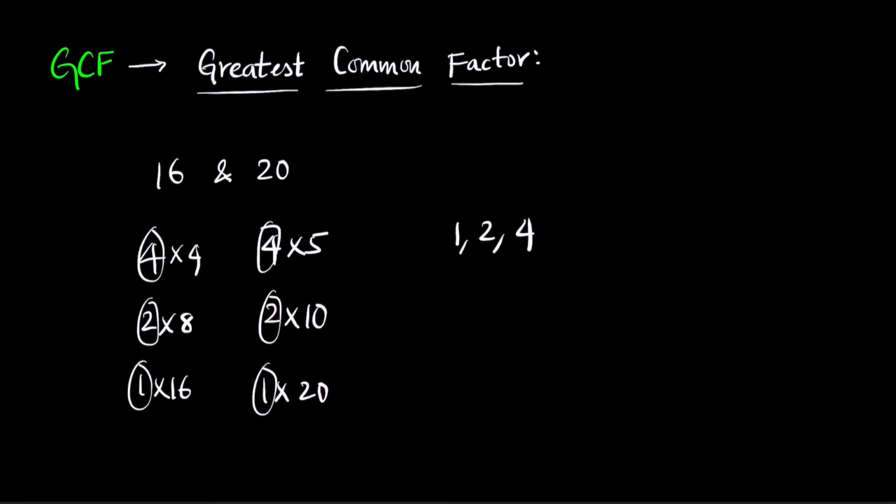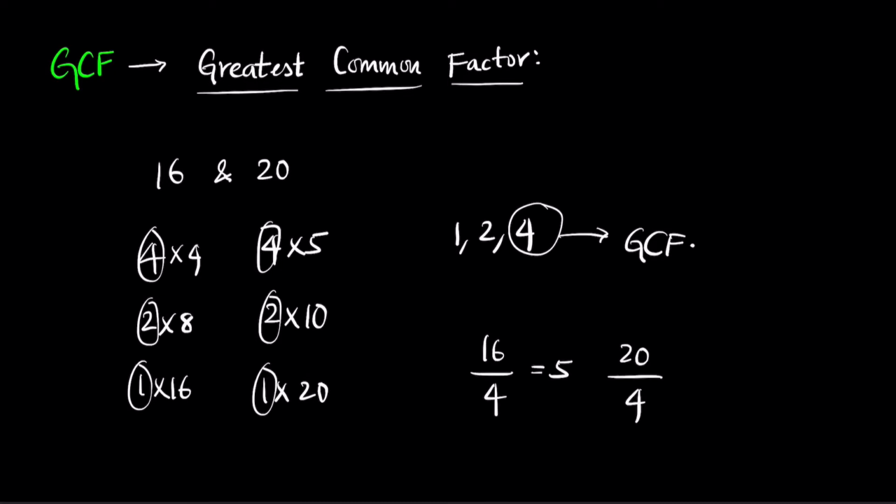Among these, which is the greatest one? The greatest one is 4, so this is the GCF. Which means when you divide 16 by 4 and 20 by 4, you still get an actual number with remainder 0. This is called the GCF.